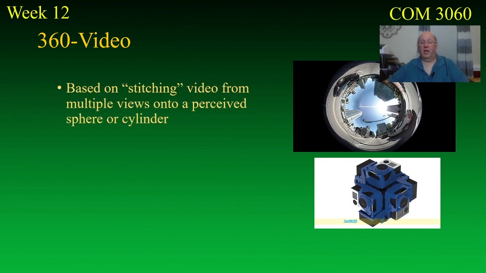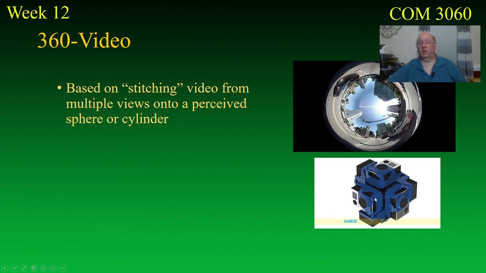The thing to understand here is that you're literally taking images going in all directions at the same time. So if you look at this image down here, these are cameras on a cube that are pointing in all 6 directions.